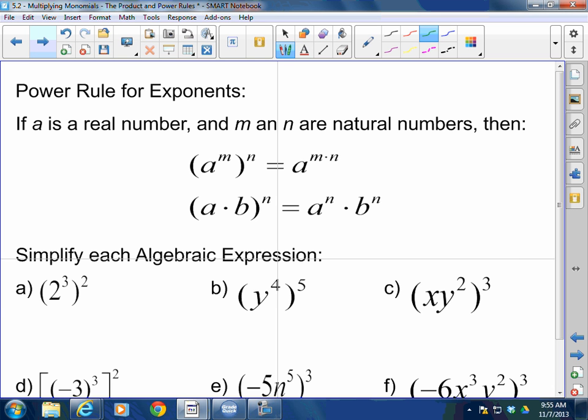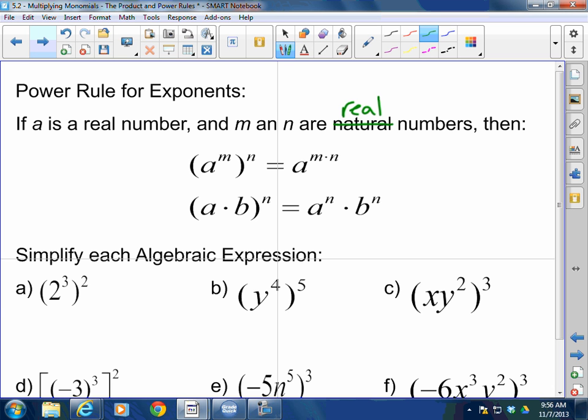Next, the power rule. If A is a real number, and again, I'm going to change this, I don't know why I put natural when I was writing the notes. If A is a real number and M and N are real numbers, then this is what's going to happen. If I have A to the M raised to the Nth power, that is going to equal A to the M times N. If I have A times B raised to the Nth power, I am going to have A to the N times B to the N. What does this mean?